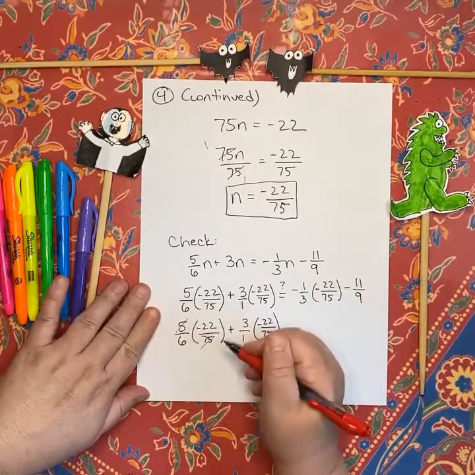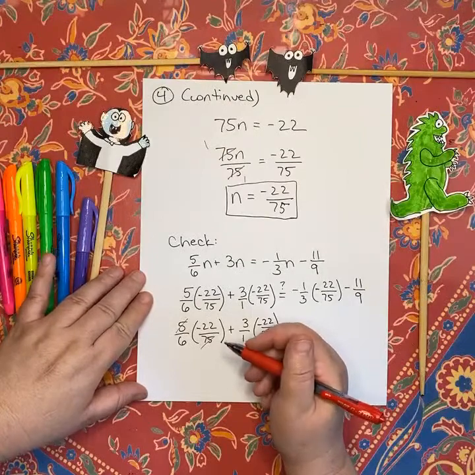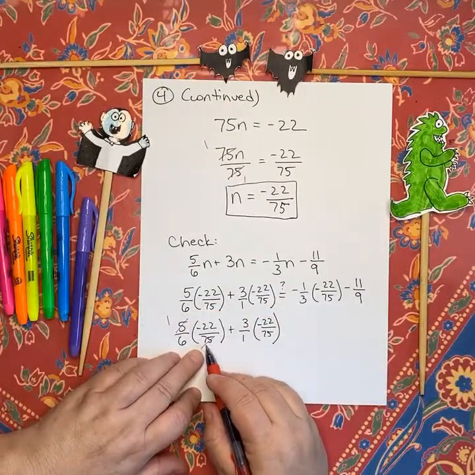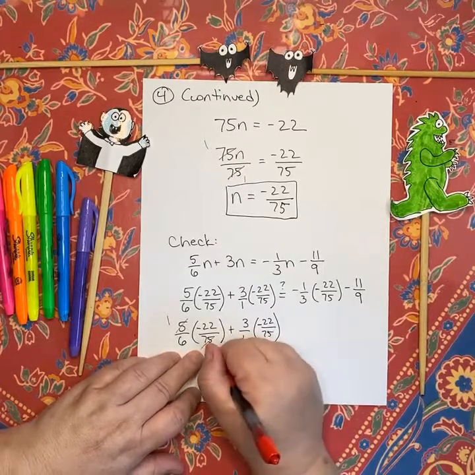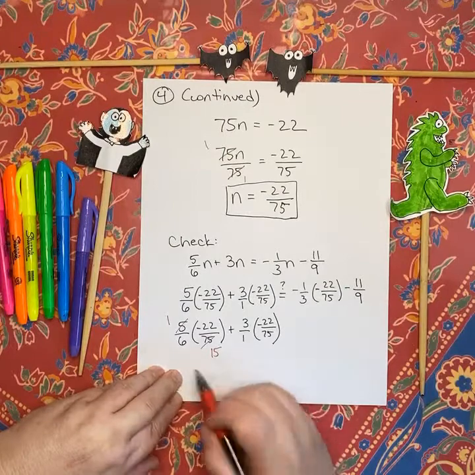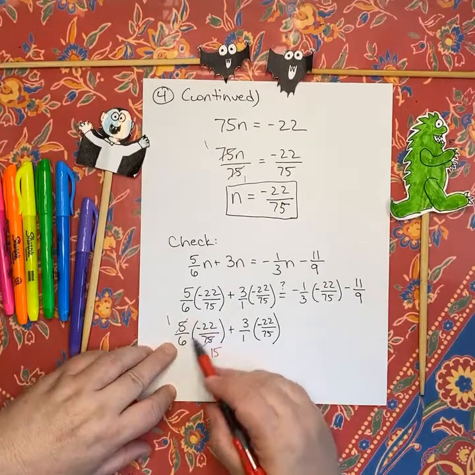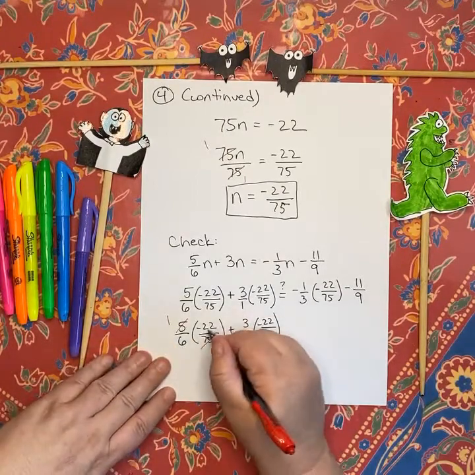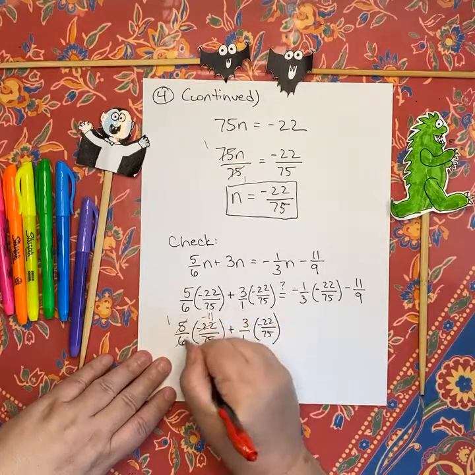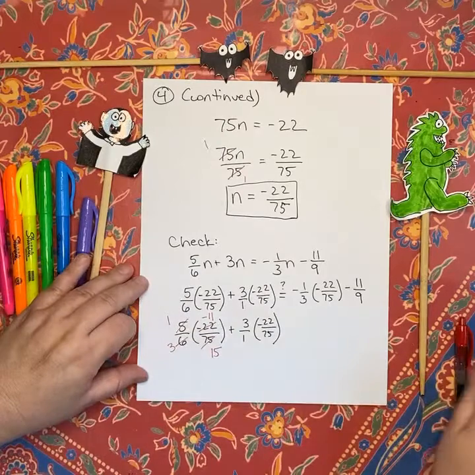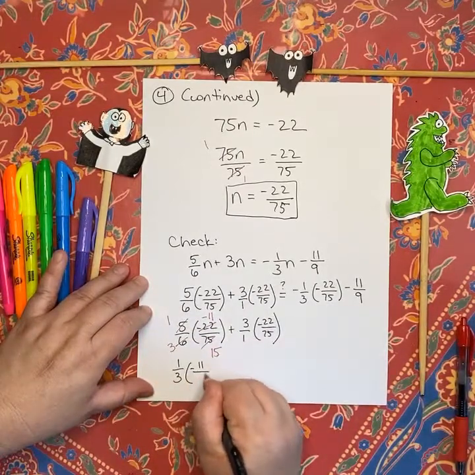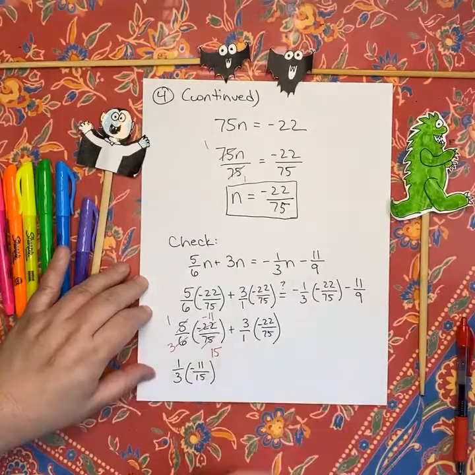So 5 and 75, they definitely have something in common. 5 goes into 5 once. 5 goes into 75. Do you know how many times it goes in? 15 times. And you could double check it on a calculator. Notice I can also cancel here. I can take 2 out of here, leave negative 11, and leave 3 here. So this becomes 1/3 times negative 11 over 15.